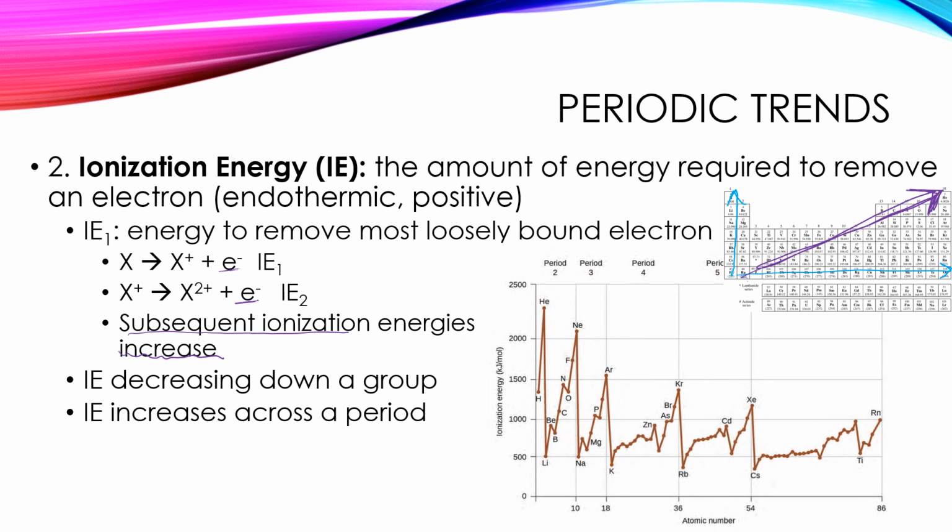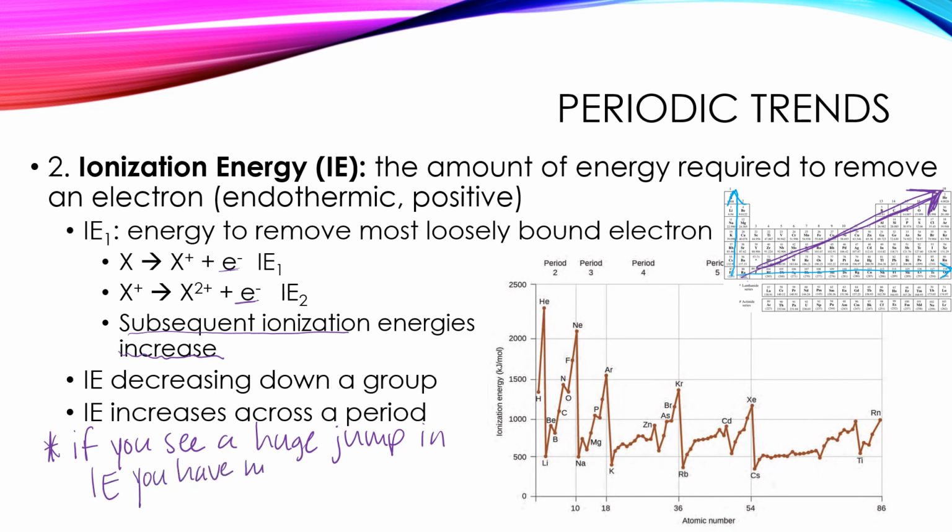Something to note is that if you see a huge jump in ionization energy, you have moved into core electrons. So for example, they're always going to increase.